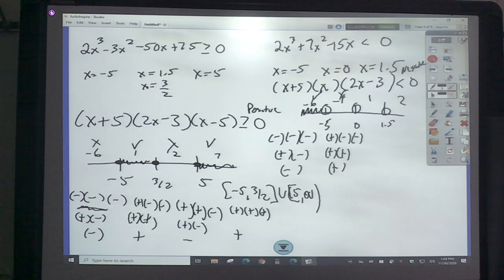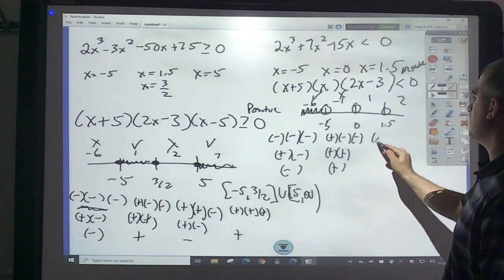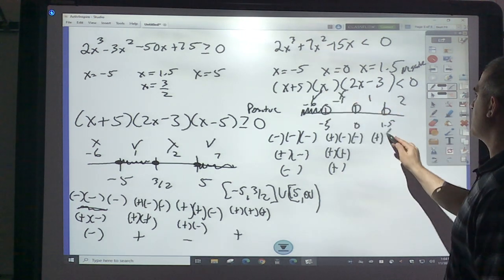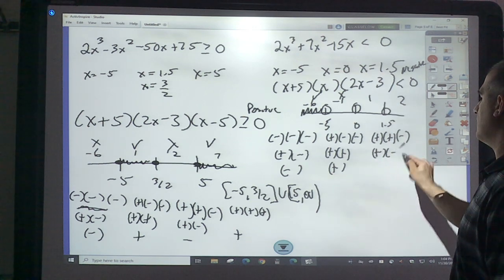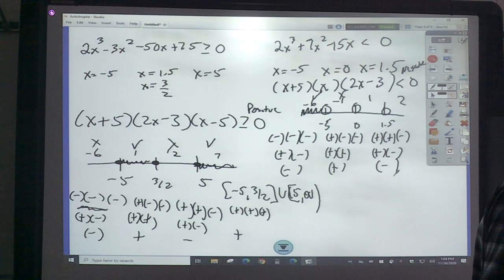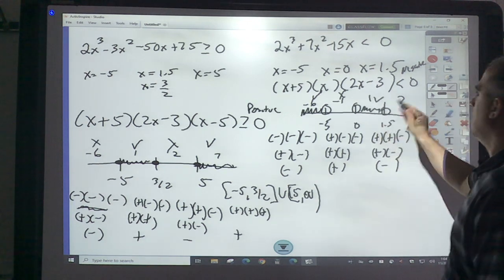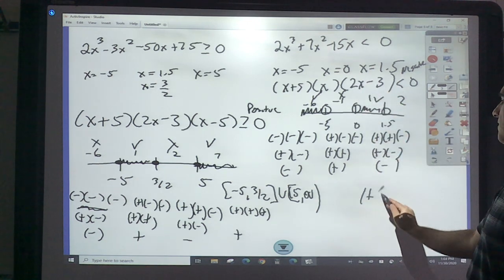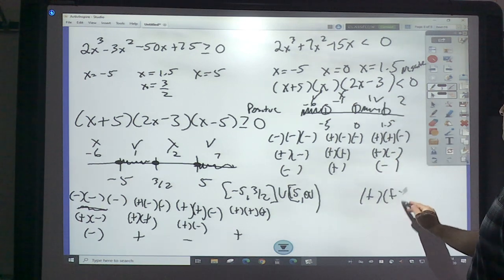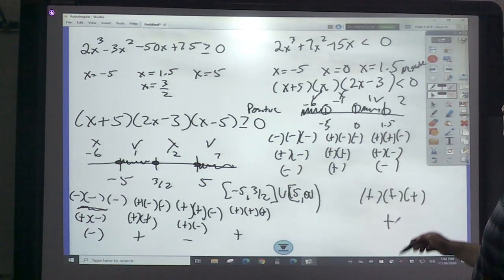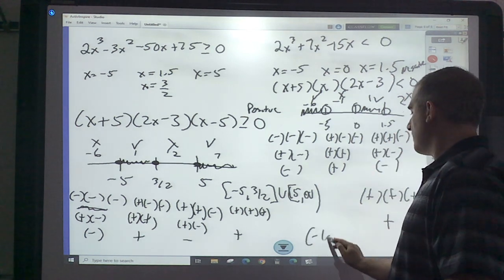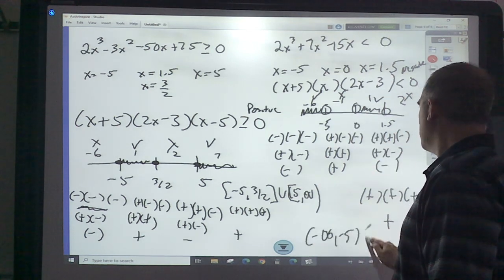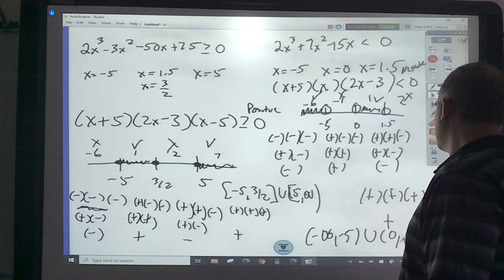If I put 1 in there, that's positive, positive, negative, a negative result, which is what I want. And then 2 is positive, positive, positive, obviously a positive result, so that's not what I want. So my answer is -infinity to -5, union 0 to 1.5.